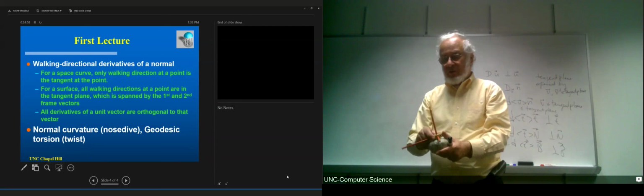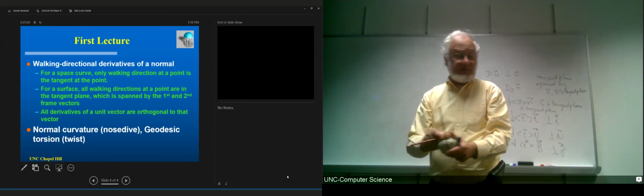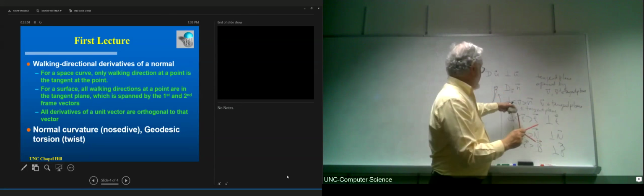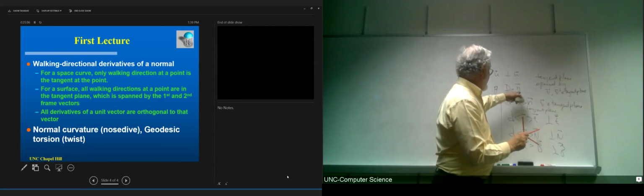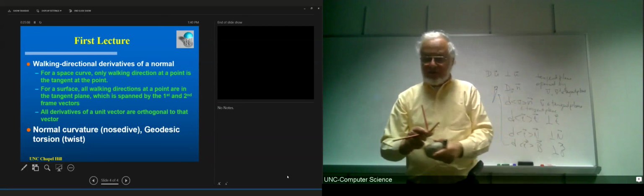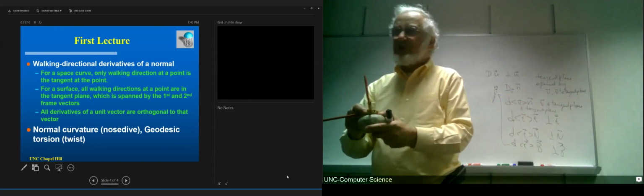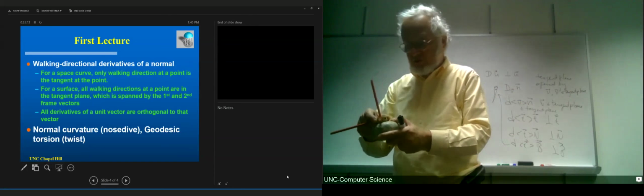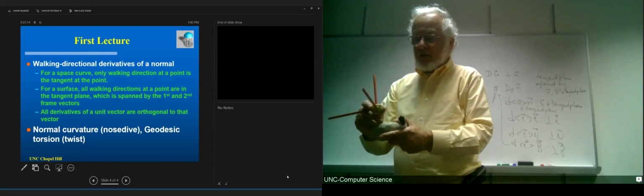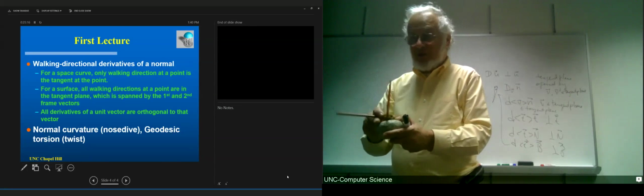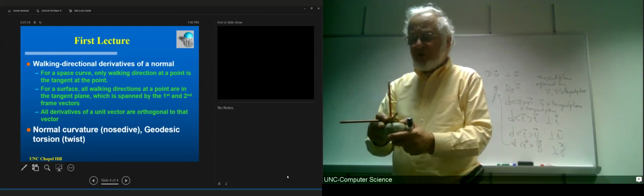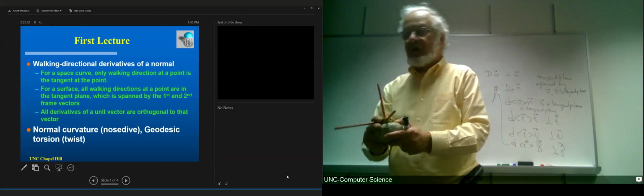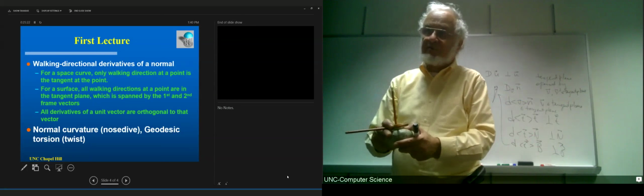Well, that vector, this vector dv of n, that swing vector per unit walking distance, is going to have a component in v and a component in v perp.